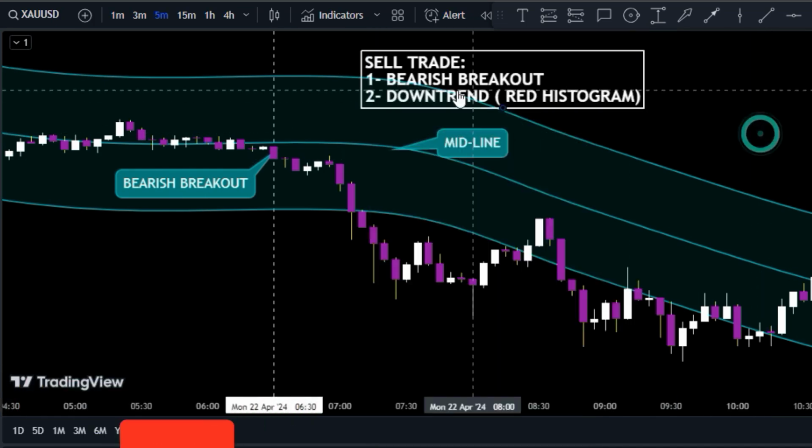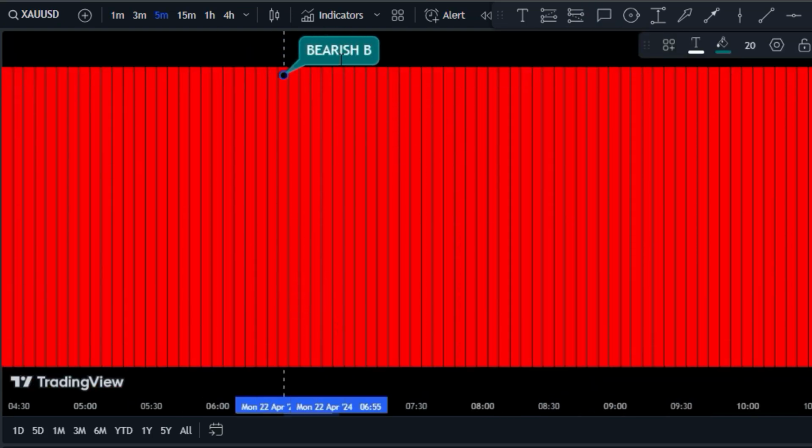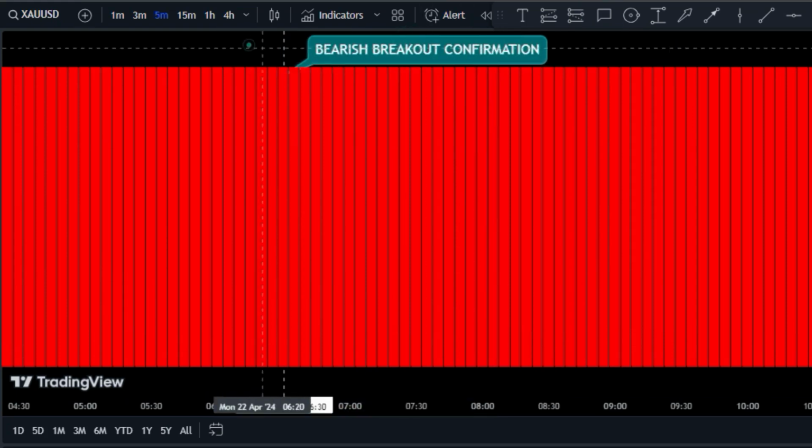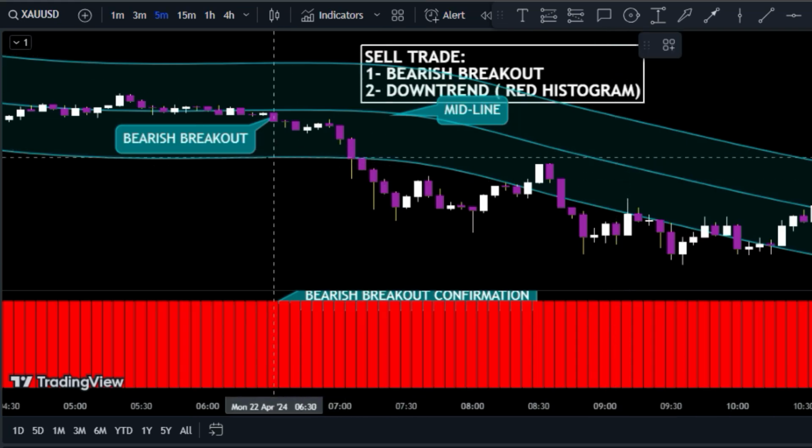Quickly peek at the Donchian Trend Ribbon. If the histogram is red, you've got yourself a downtrend. And if both signals are a go, it's time to pull the trigger and open the sell order.